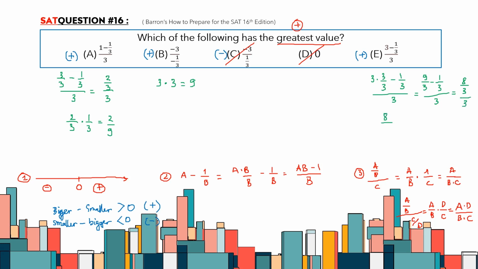So 8/3 divided by 3 is multiplied by 1/3, and that will be 8 over 9.